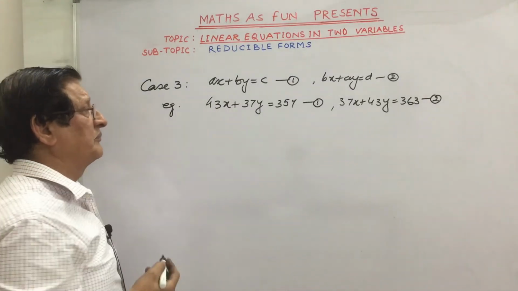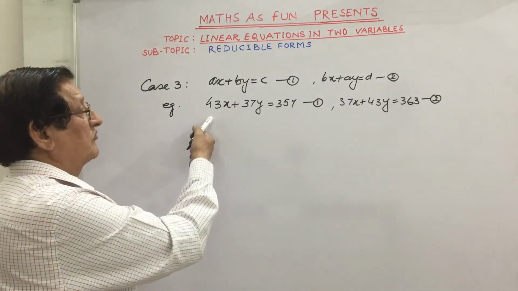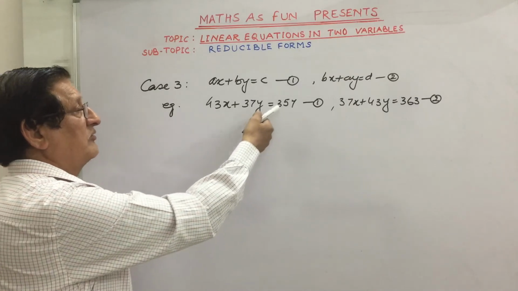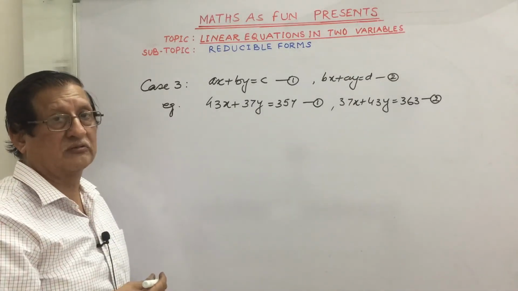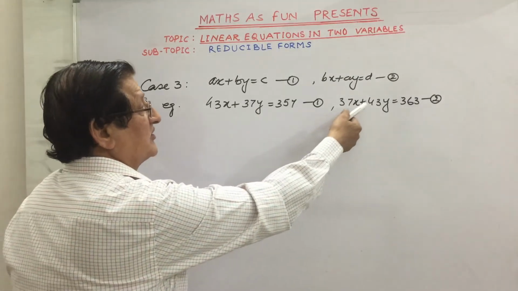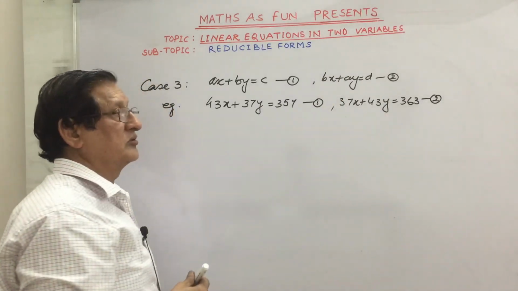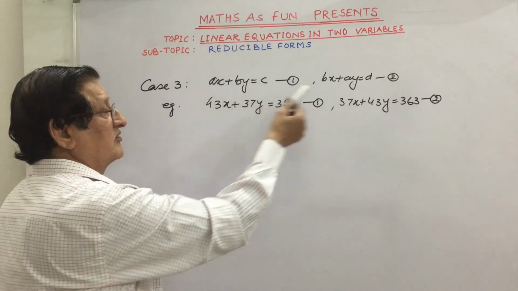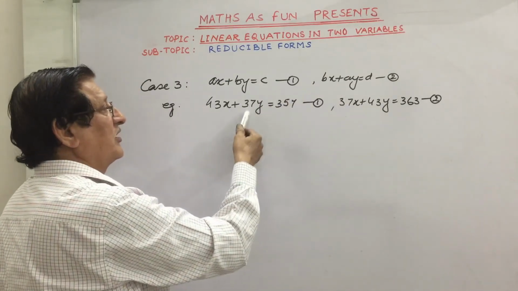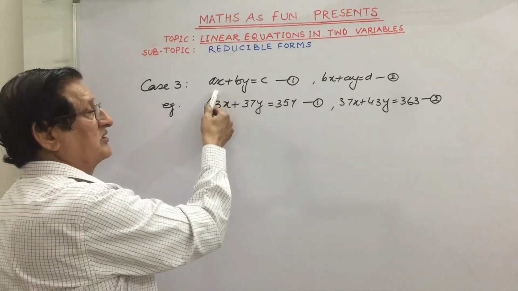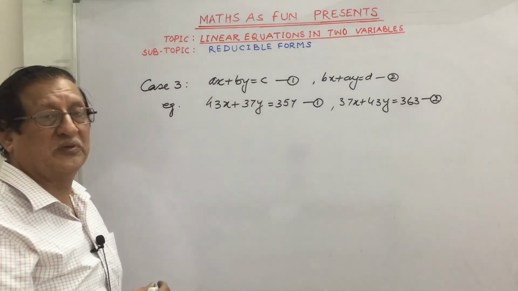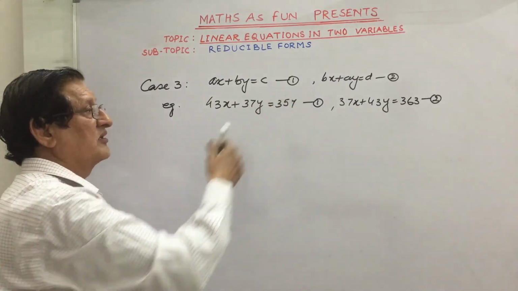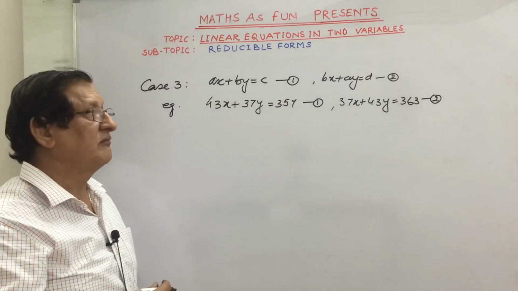Let's take one of the example here, that the equations are 43x plus 37y equal to 357, the first equation, and the second equation is 37x plus 43y equal to 363. What you are finding here, the coefficient of x here is the coefficient of y, and the coefficient of y here is coefficient of x. It means this is in this form, ax plus by equal to c and bx plus ay equal to d.